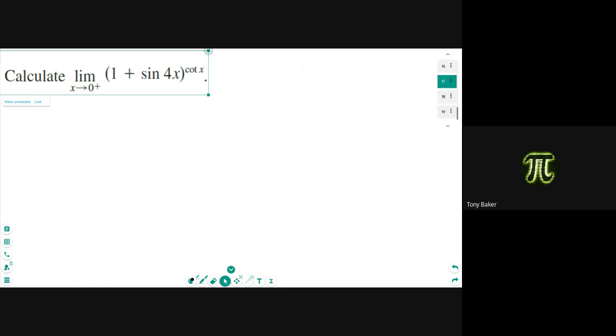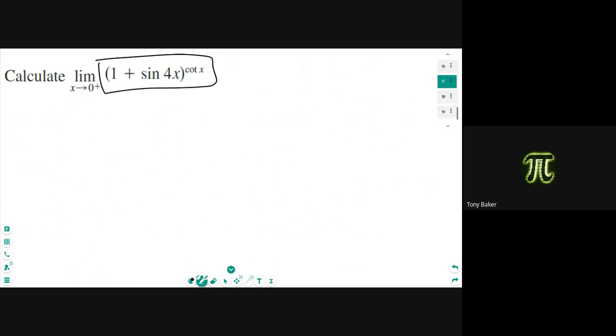So we have this function here, right? So let's look at this. I have an x in my exponent, so I have a power in the exponent. If I plugged in 0 to this, what do I get? If I plug in 0, I get 1.